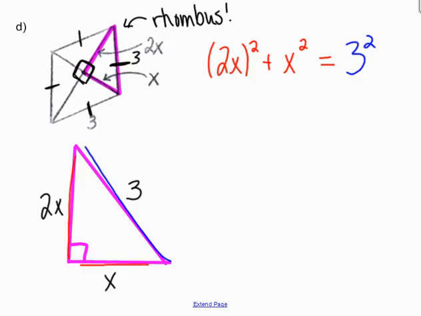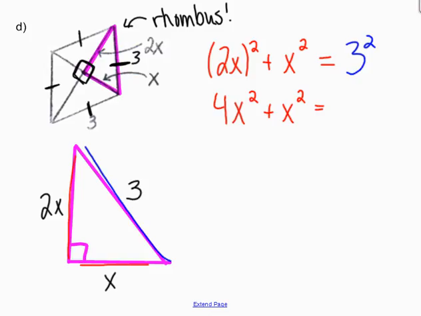Now notice I put parentheses around the 2x. You're squaring the entire side. This is a very common mistake on that quiz. People write it's 2x squared. It's not. It's 4x squared, because you need to also square the 2, not just the x. So that is 4x squared.